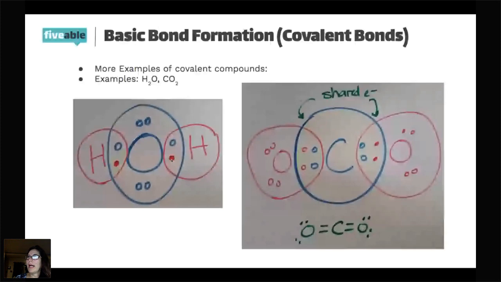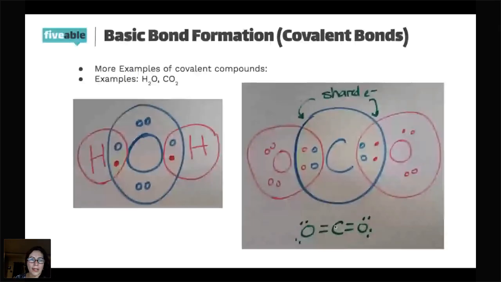And here we have carbon dioxide, in which the carbon and each oxygen atom share 4 electrons, right? So we have 2 pairs of electrons being shared here, and then here we have another.